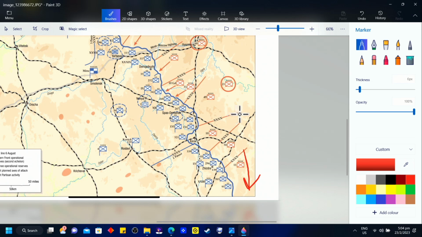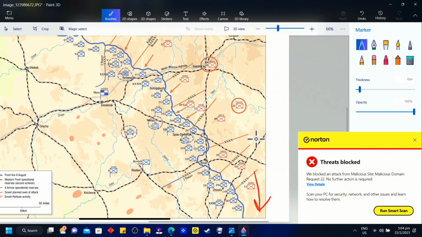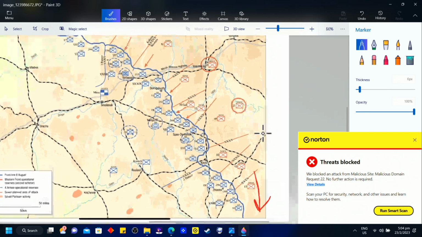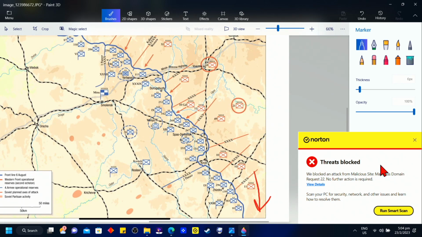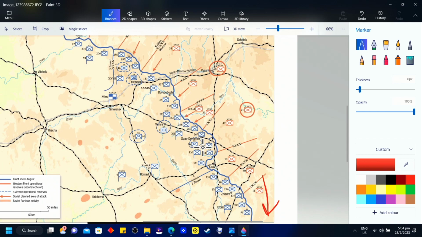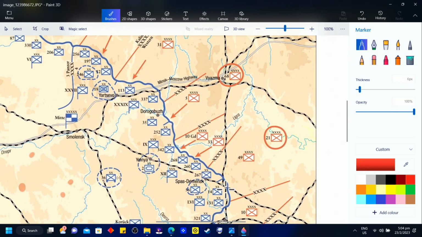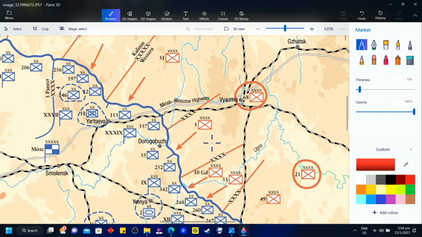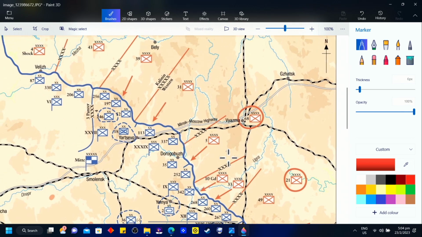Okay, so all 4 of the tank corps belonging to the Western Front were committed to Operation Kutuzov by mid-July. So Sokolovsky had only the 5th Mechanized Corps for this operation. So where's the 5th Mechanized Corps? Can I find it? Is this the 5th Mechanized Corps? No, this is the 5th Army.